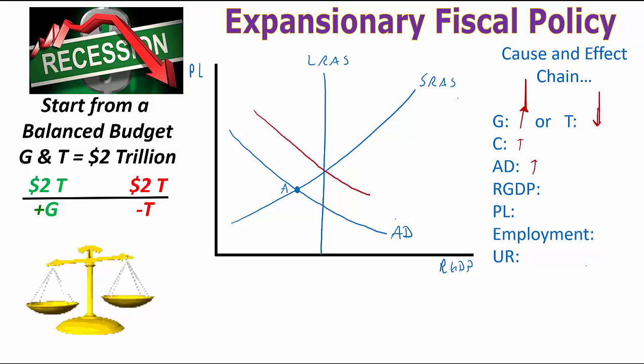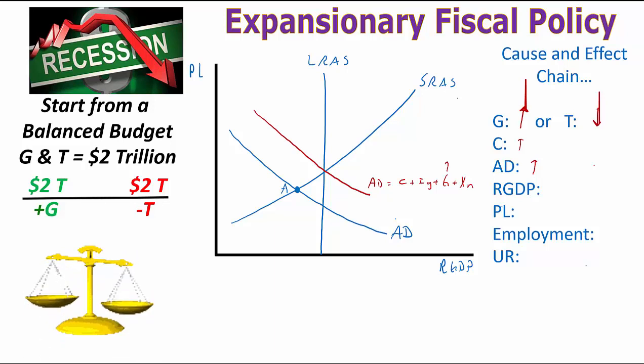Okay, so let me remind you. Aggregate demand, let's not forget, is equal to consumer spending plus investment spending plus government purchases plus our net exports. So if the government increases their spending, or if they lower taxes and we increase our consumption spending, the aggregate demand curve will shift to the right.